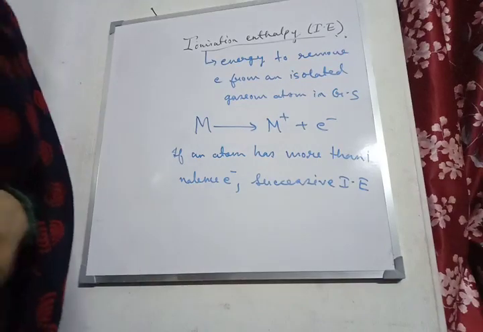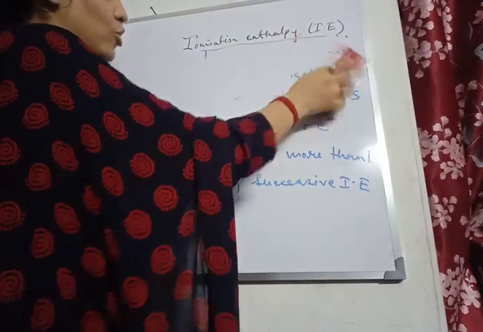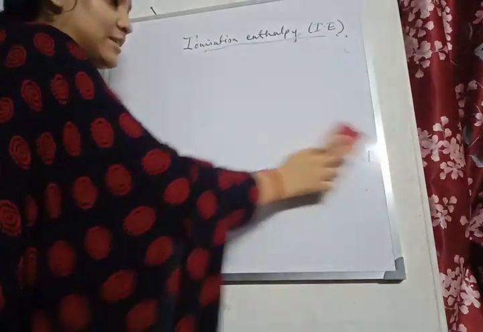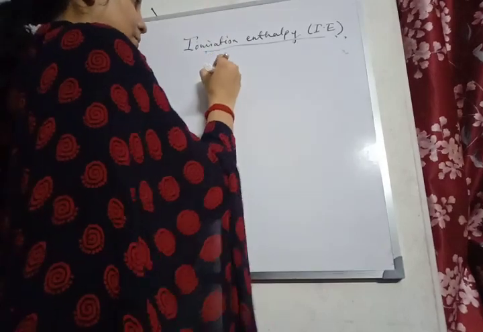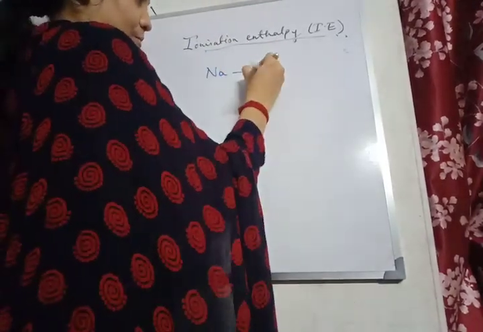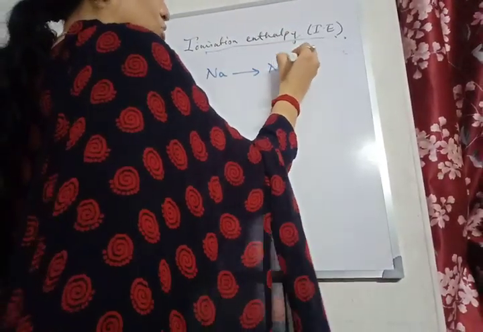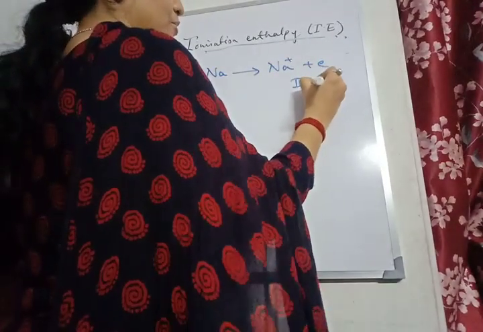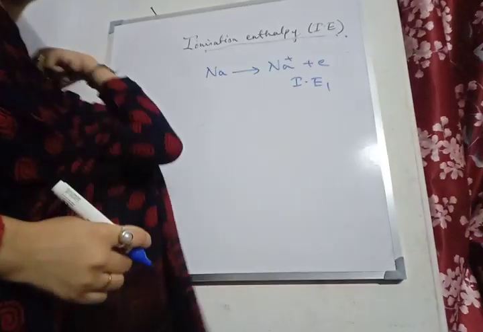For example, if I talk about sodium atom, potassium atom, lithium, they have only one valence electron. Sodium has only one valence electron, so the amount of energy required to remove this electron will be equivalent to my first ionization energy, that is IE1.